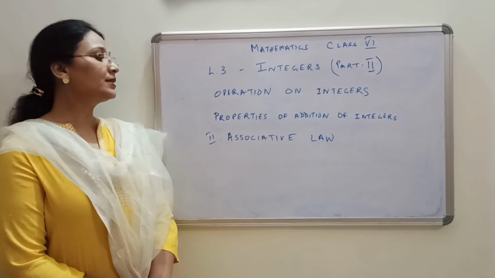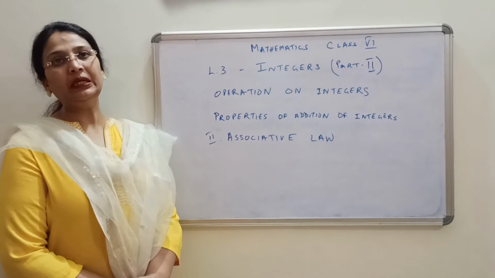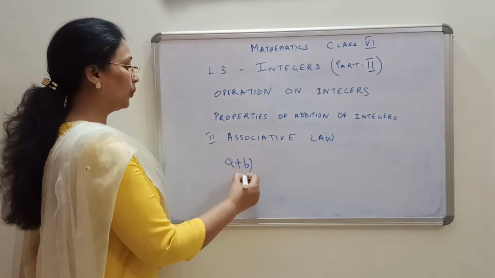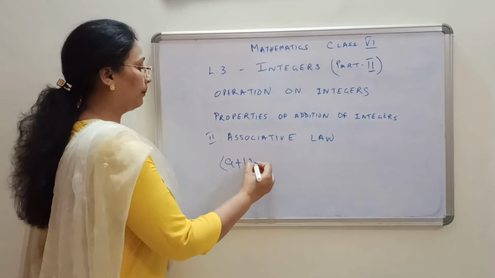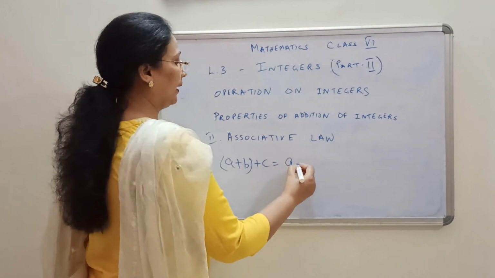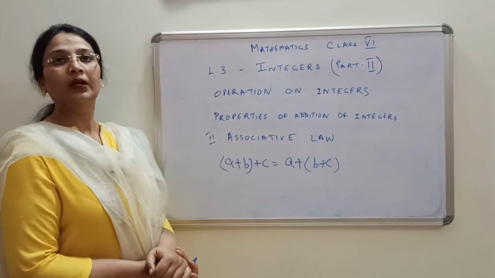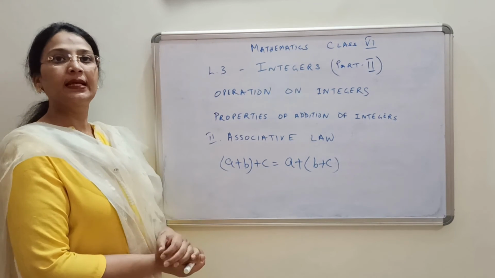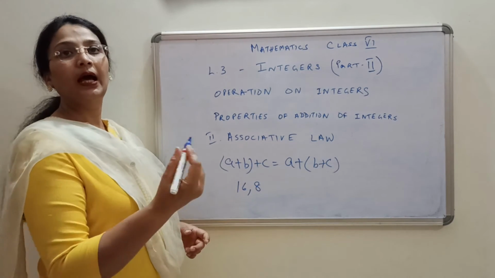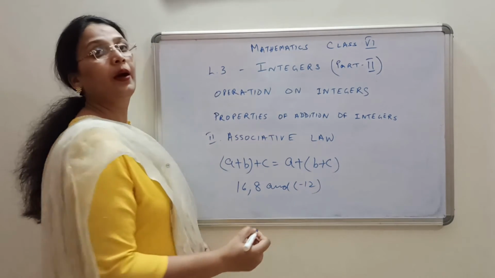The next property is the associative law. For all integers a, b and c, we have (a + b) + c = a + (b + c). For the example, take the integers 16, 8 and -12.